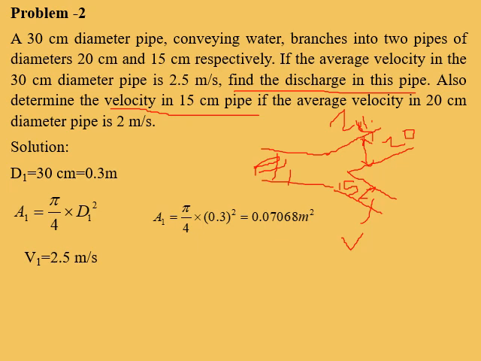So the velocity in that 30 centimeter pipe is 2.5 meter per second. Then the diameter of the second pipe after the branch, D2, is equal to 20 centimeter, that is 0.2 meter. The area of that pipe is 0.0314 meter square.